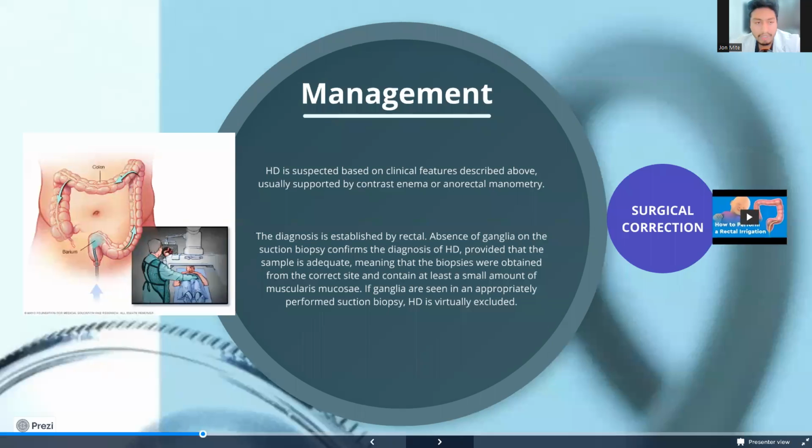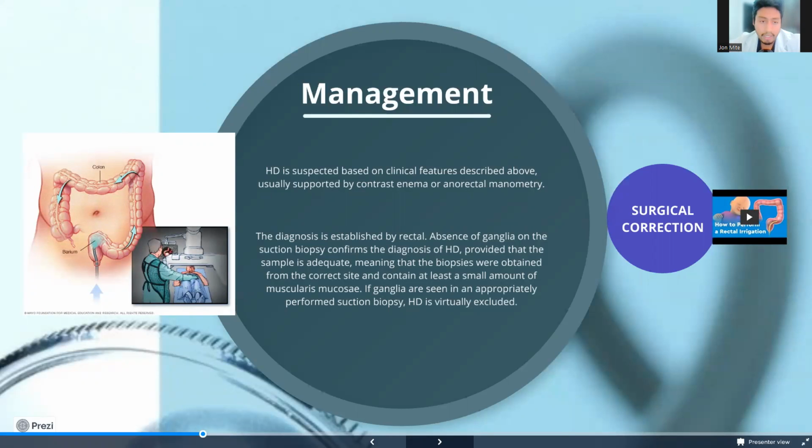Hirschsprung disease is suspected based on clinical features described above, usually supported by contrast enema or anorectal manometry. The diagnosis is established by rectal biopsy.